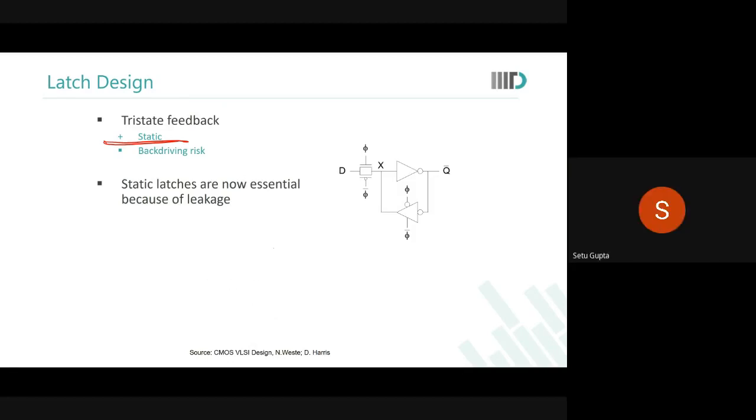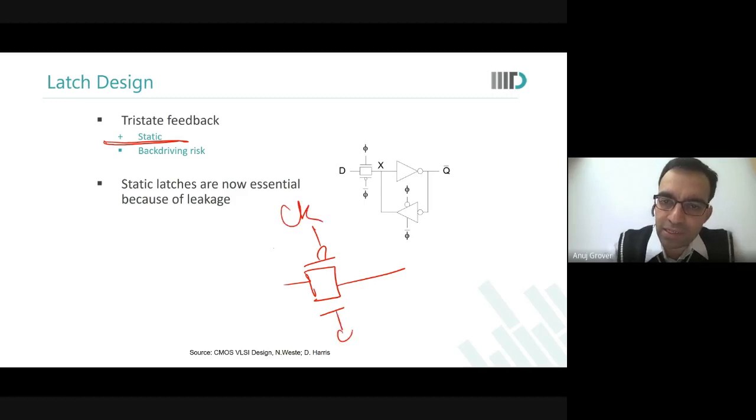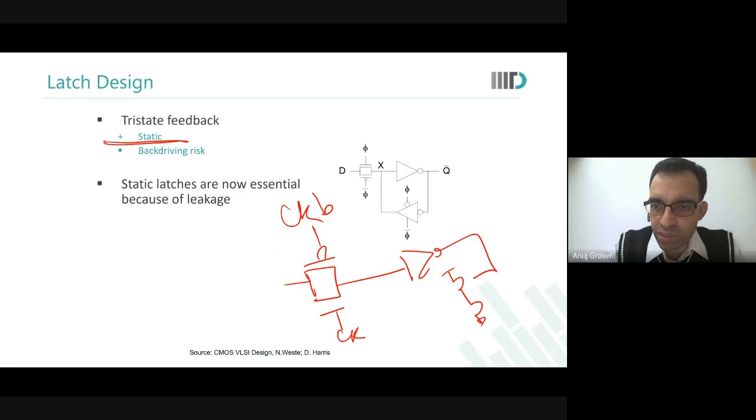Excuse me, sir. So what's the benefit of using a tri-state latch, tri-state buffer instead of a simple inverter with a transmission gate? So if I had a transmission gate over here, with CK bar and CK, and let us say I had a simple inverter over here.